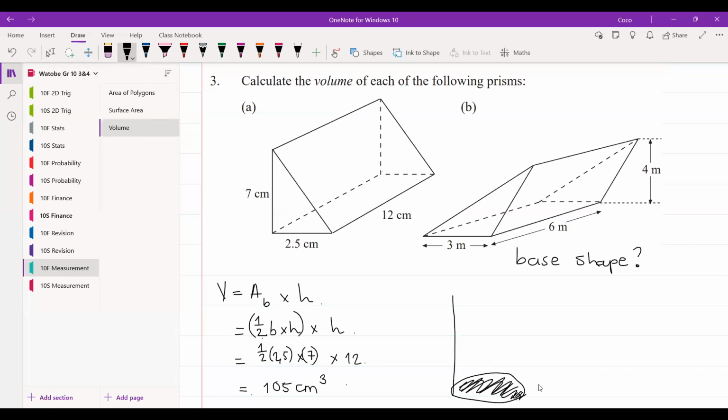If I want to calculate the volume of this shape, imagine if the shape was cut like this. Would I be able to say that this height represents this height also? Let's say this height is 5 centimeters. If this side is 5 centimeters, does this height also represent the height on this side?